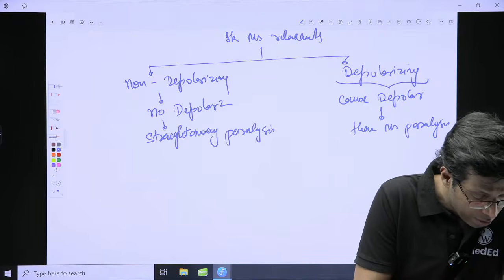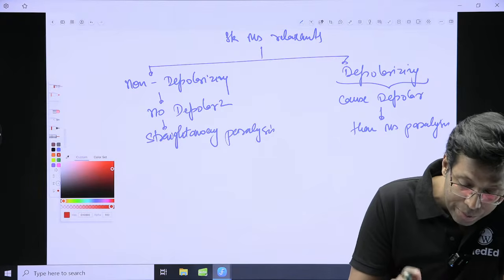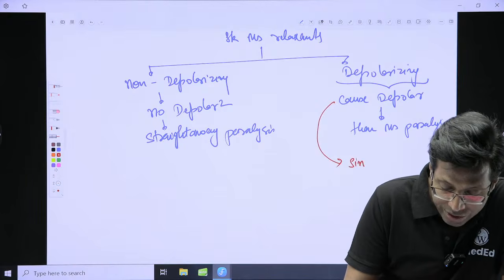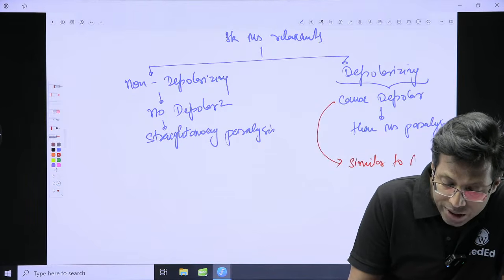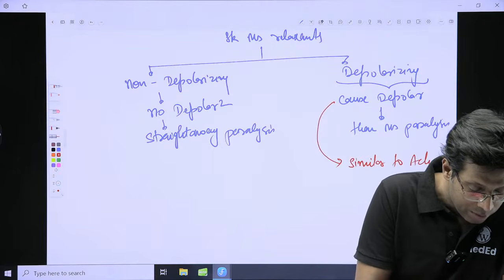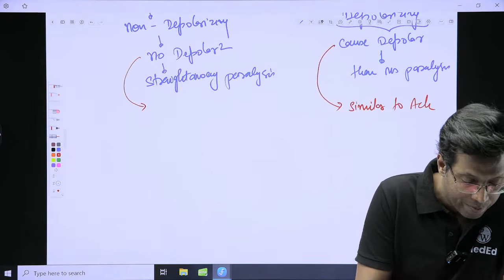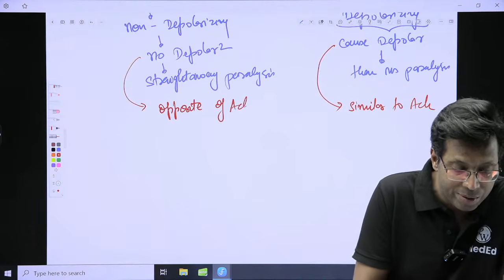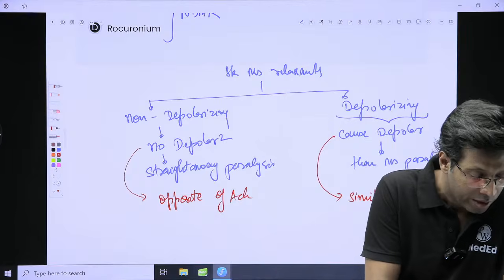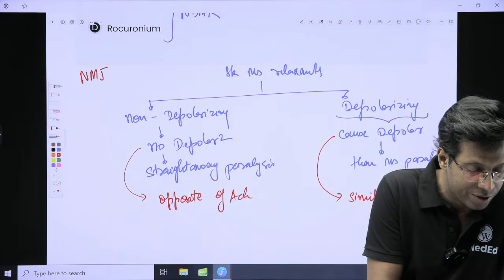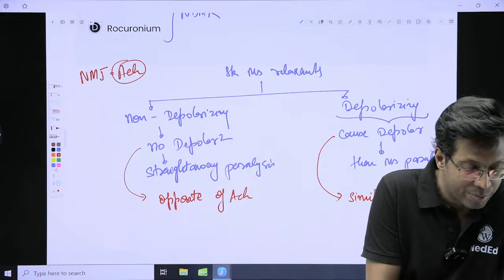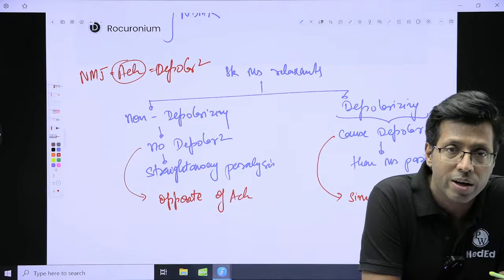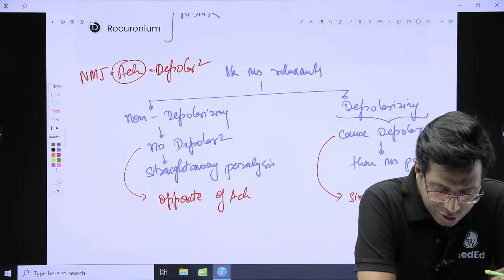Now, because these depolarizing drugs cause depolarization, they work similar to acetylcholine. Because non-depolarizing drugs cause no depolarization, they work opposite to acetylcholine. What was acetylcholine's job? Depolarization. In a normal neuromuscular junction, acetylcholine's job is depolarization. All of you know that, action potential, from first prof physiology.